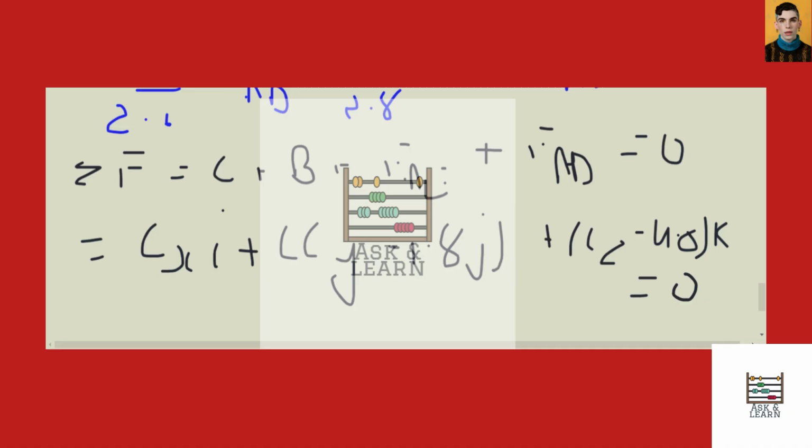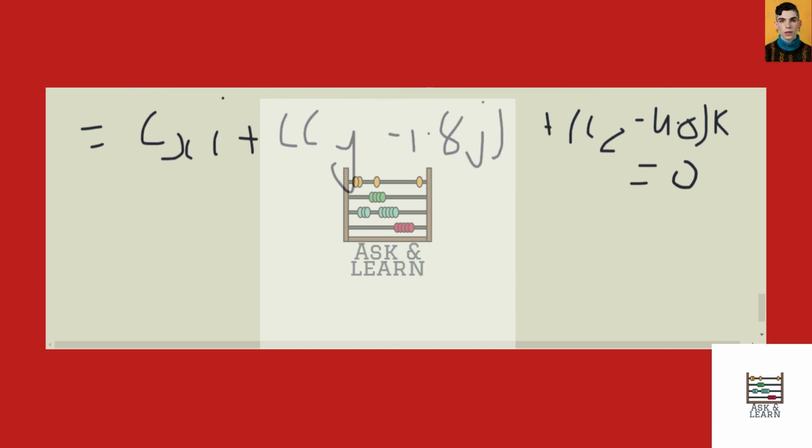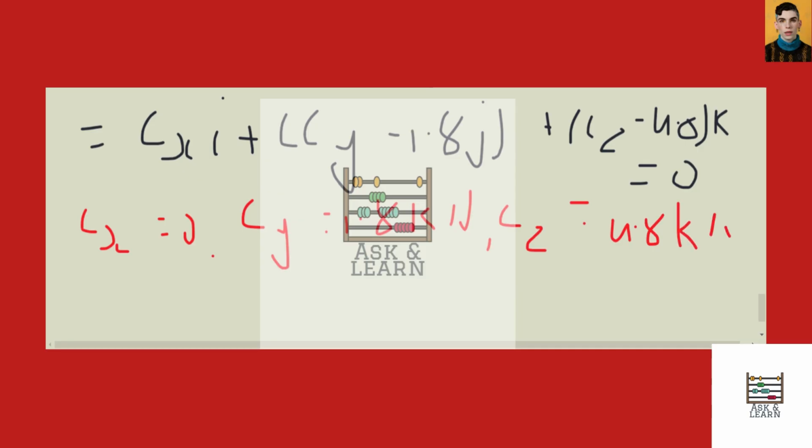The three equations we get from the above equations are Cx is equal to 0, Cy is equal to 1.8 kilonewton, and Cz is equal to 4.8 kilonewton. So the reaction at C will be equivalent to C is equal to 1.8j plus 4.8k kilonewton. And that concludes our answer.